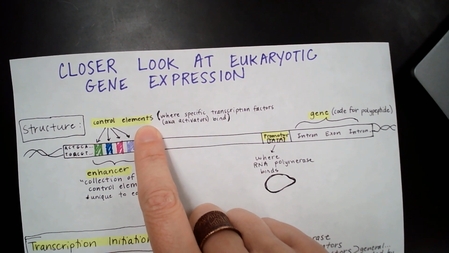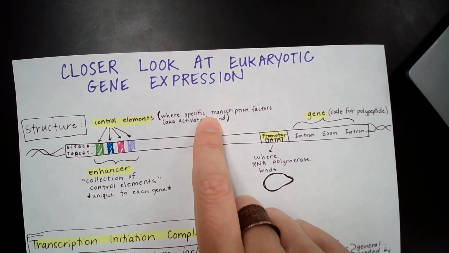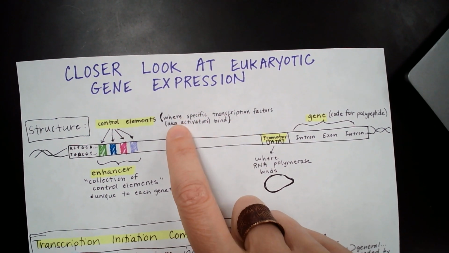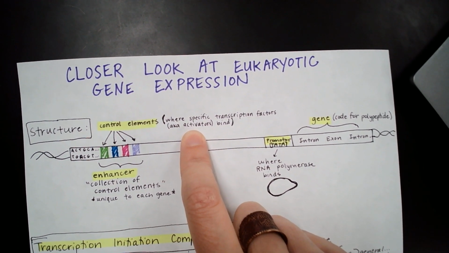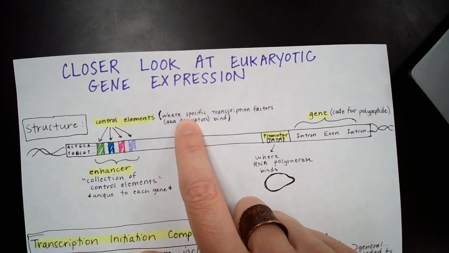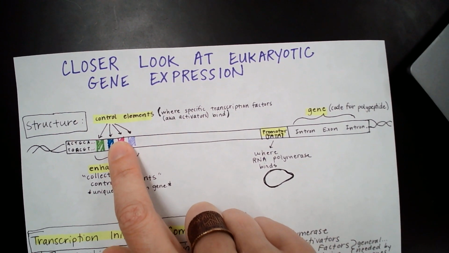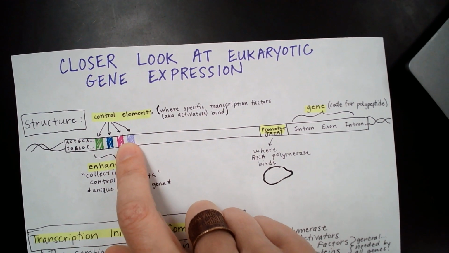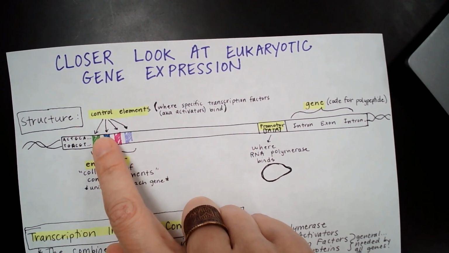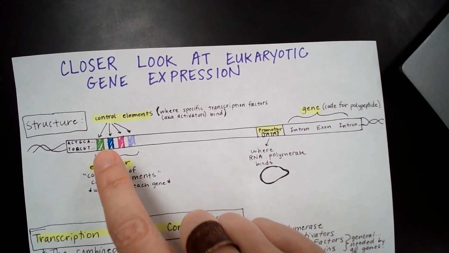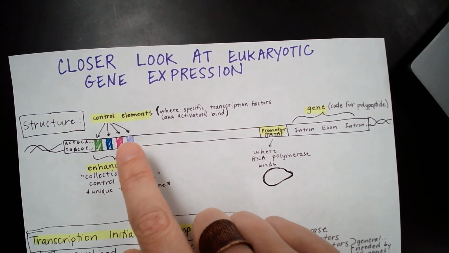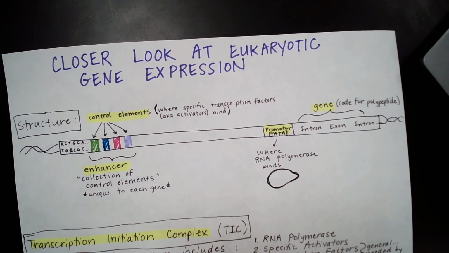So the control elements is where specific transcription factors, which we've been calling activators, bind, okay? Activators are the same thing as specific transcription factors. That's the location where they bind. Now, an enhancer can have anywhere between 5 and 12 different control elements.